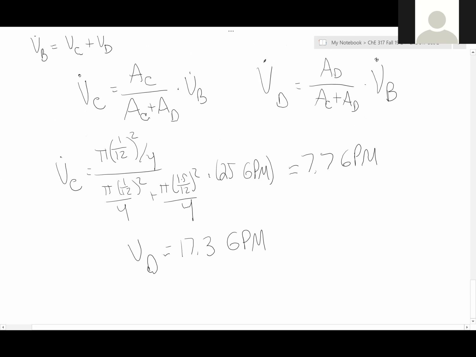Could you reduce that to be just the square of the diameters? Yes, you can. You can get rid of the pi's and 4's because they show up in every term.